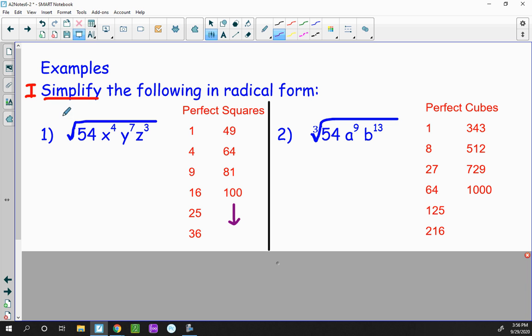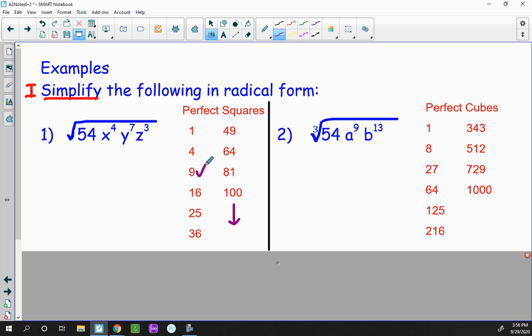Your first task is to pay attention to the index number. Because it's a square root, we are looking at the perfect squares list. 54 is not in this list. You are to find the highest perfect square that will divide evenly into 54. 1 always goes into that number, so we move to 4. 54 divided by 4 is not a whole number. 54 divided by 9 is.